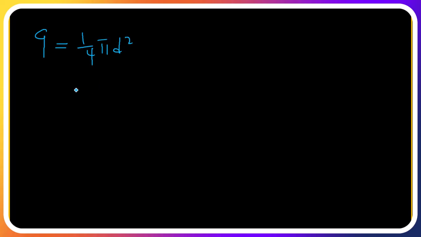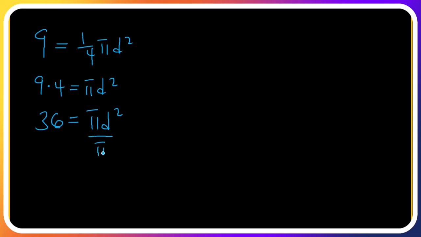From here we can simplify: 9 times 4 equals pi d squared. So we have 36 equals pi d squared. In finding the diameter, we divide through by pi, and d squared gives us 36 on pi.